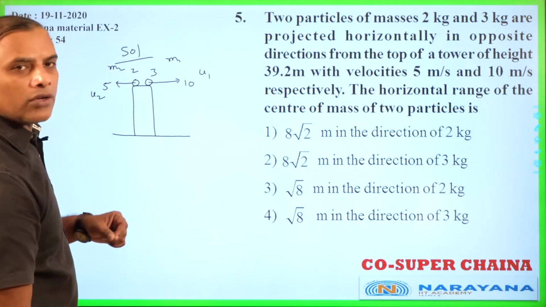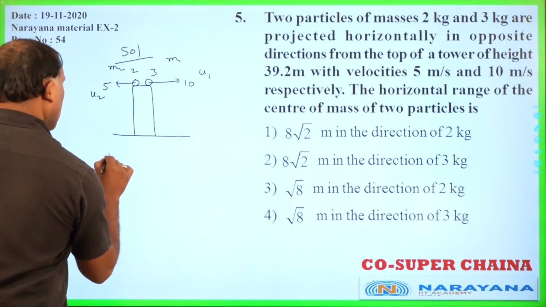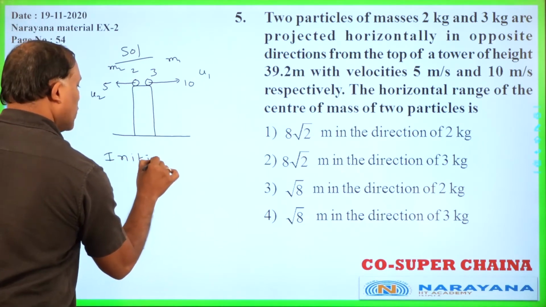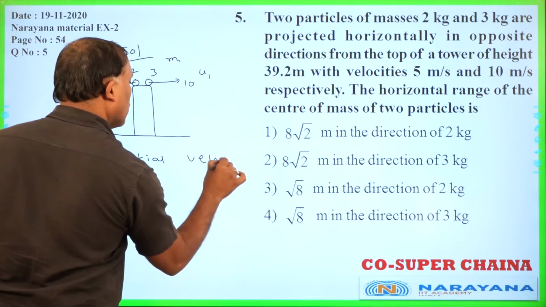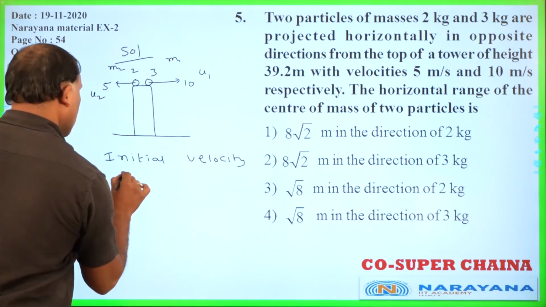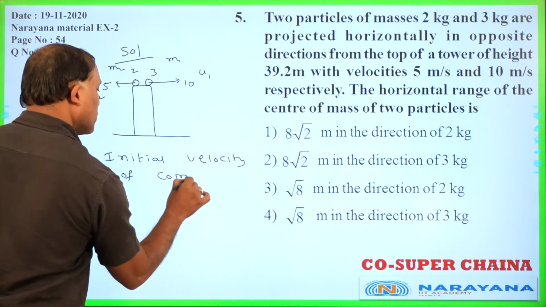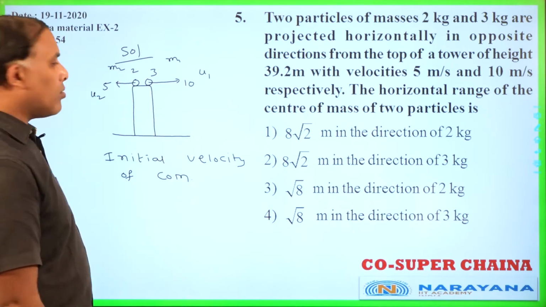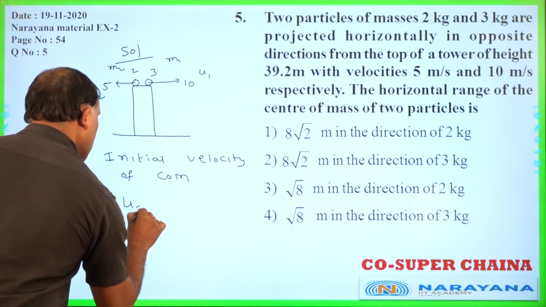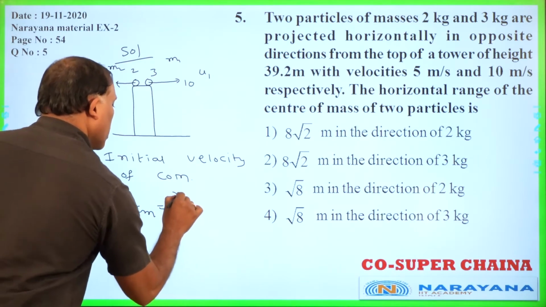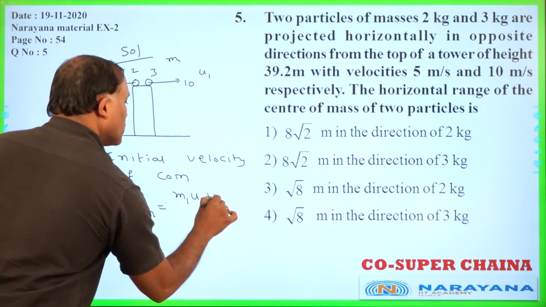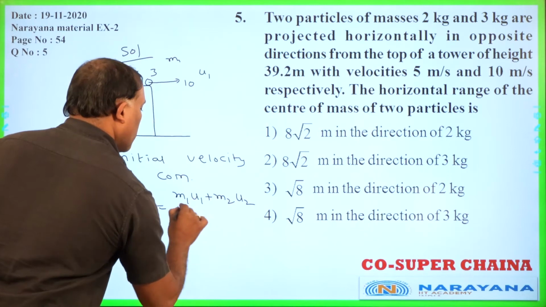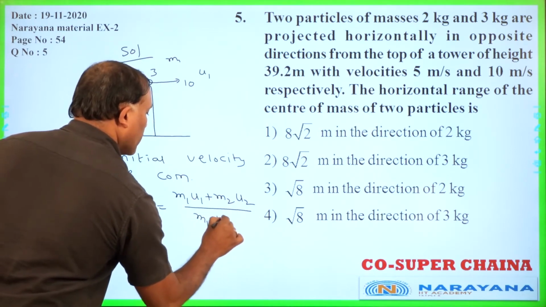Now what is the initial velocity of center of mass? UCM is equal to M1 U1 plus M2 U2 by M1 plus M2.